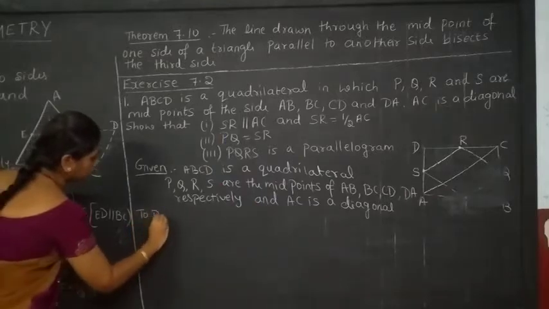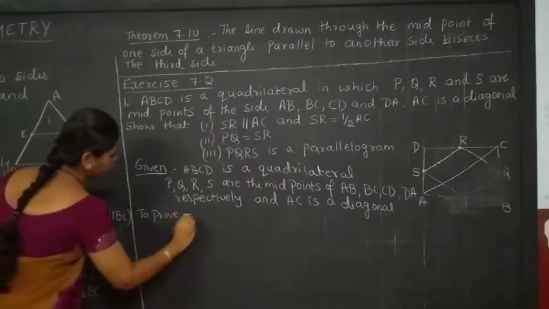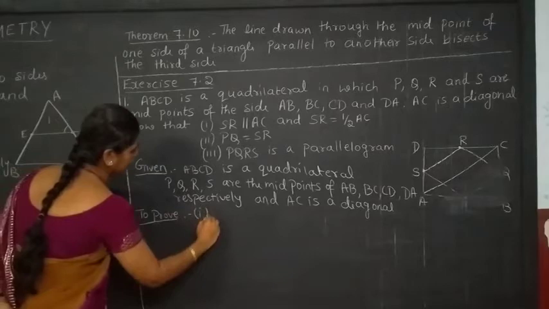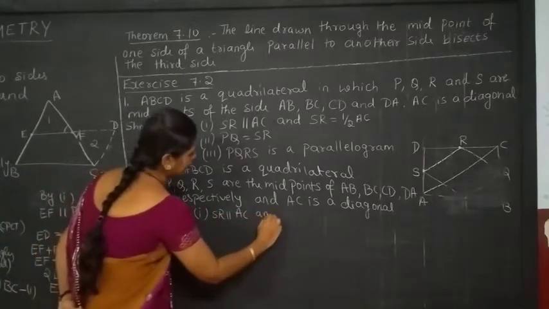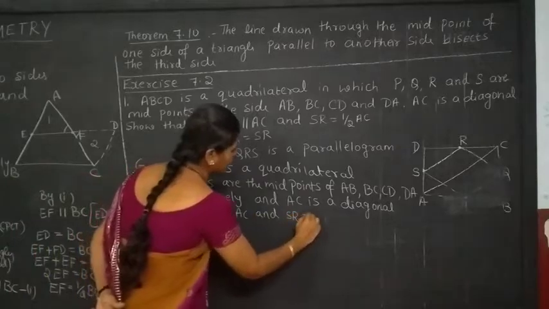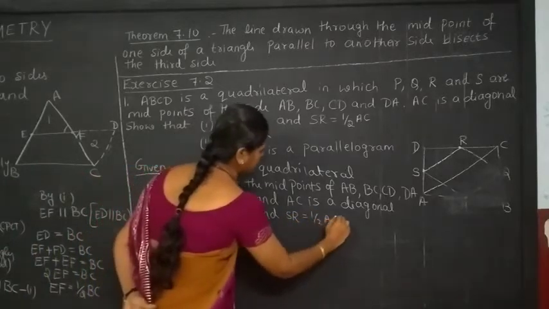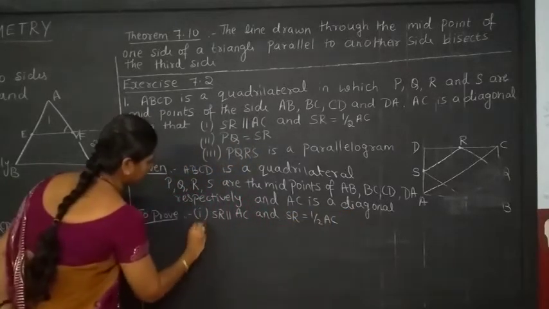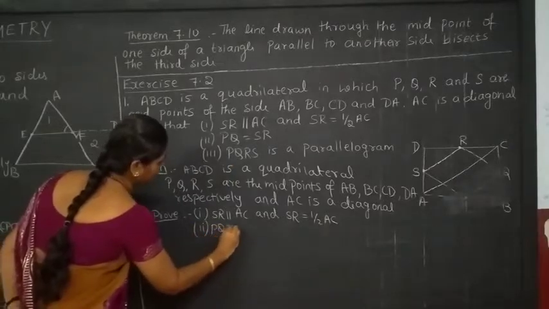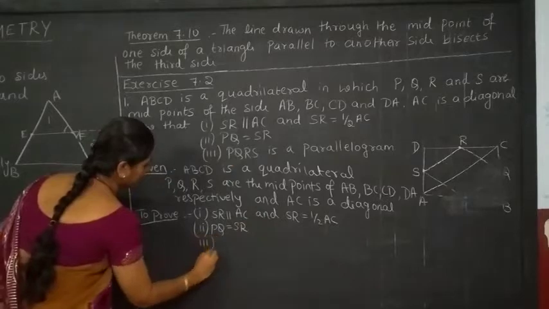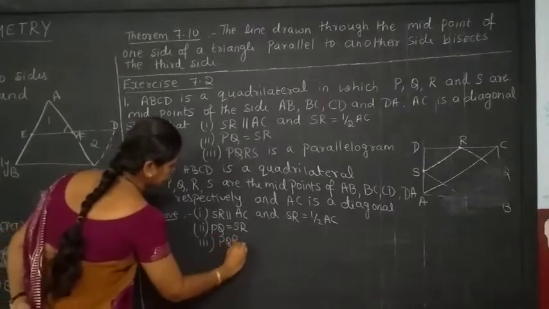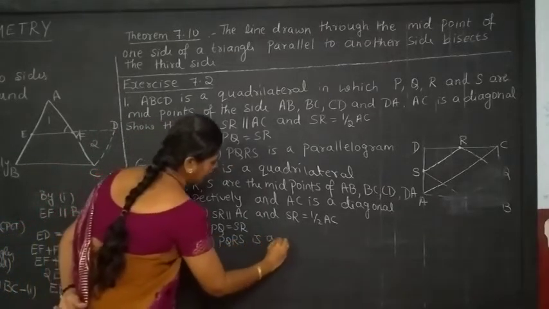So to prove, you have to write those three things, students. One is SR is parallel to AC and SR is equal to half AC. Second one you have to prove is PQ is equal to SR, and third one you have to prove is PQRS is a parallelogram.